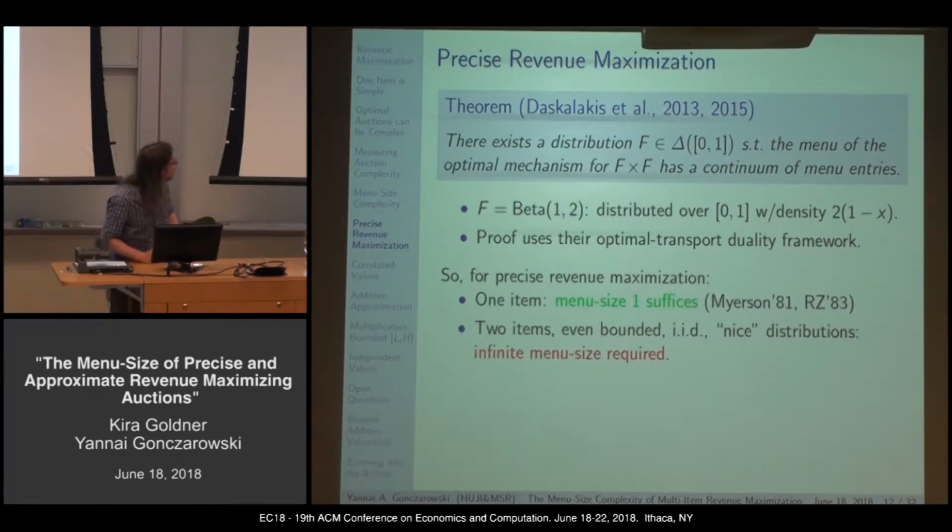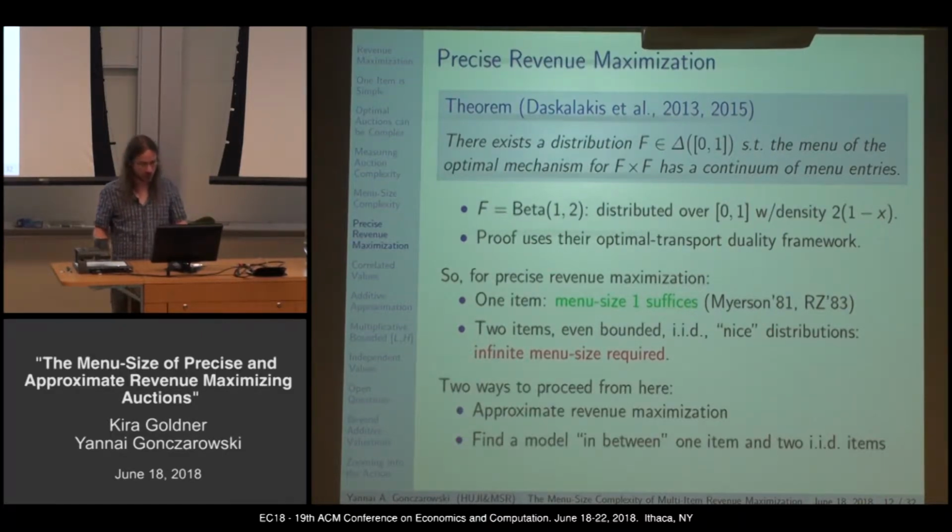So for precise revenue maximization, we get this kind of dichotomy. For one item, menu size 1 suffices. That's the Myerson and Riley-Zeckhauser results that we talked about. For two items, even bounded, even IID, even nice distributions, infinite menu size required. So this is a bummer.